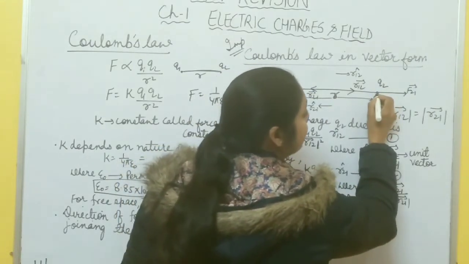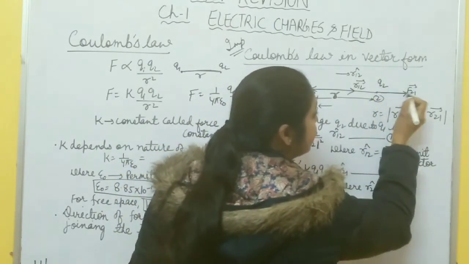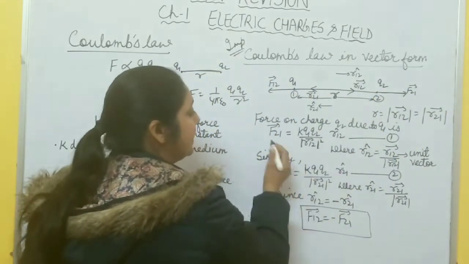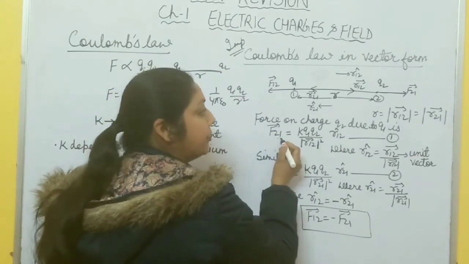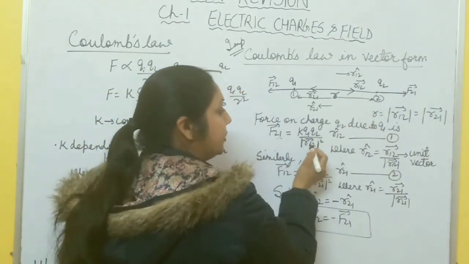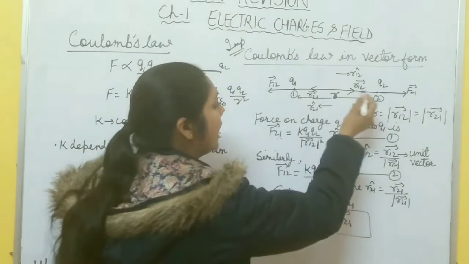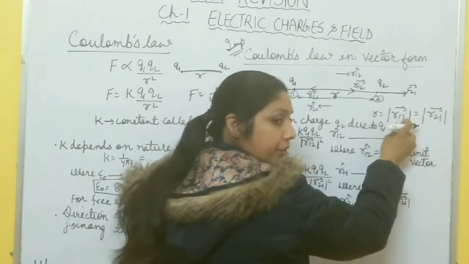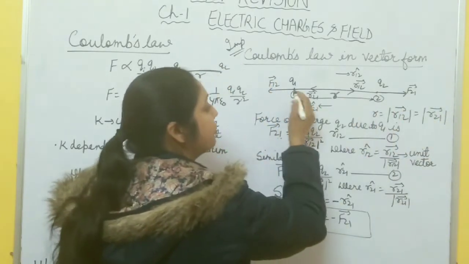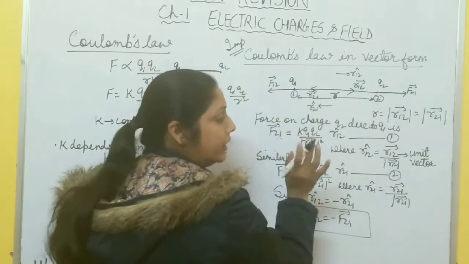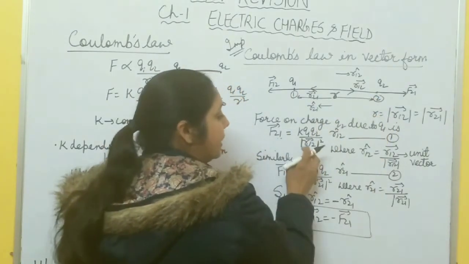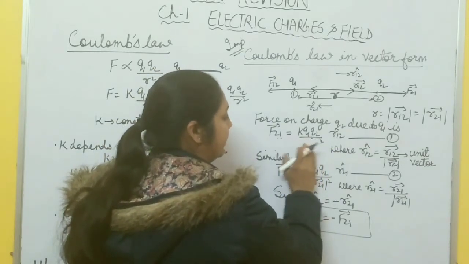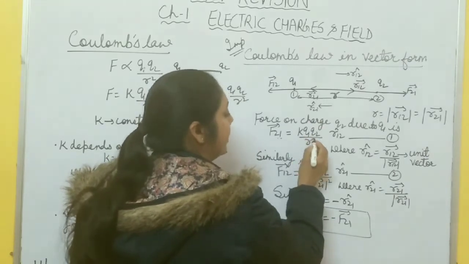So if both are the same charge, the direction is away from this one, right? And it is given by simply writing F on 2 due to 1 equals K Q1 Q2 by R square. Here R is this distance from 1 to 2. So R is always equal to the magnitude of R12 or R21, whether you measure from 1 to 2 or 2 to 1, the same distance R. So in place of R12 you can also write R square.